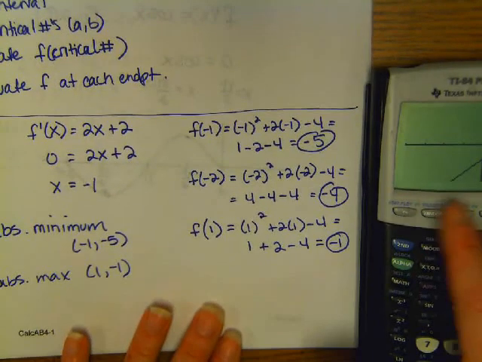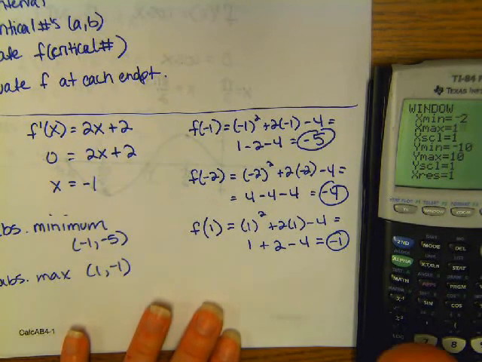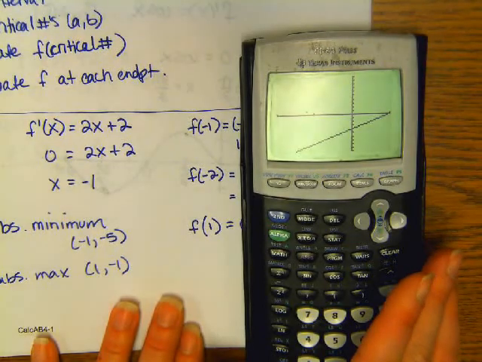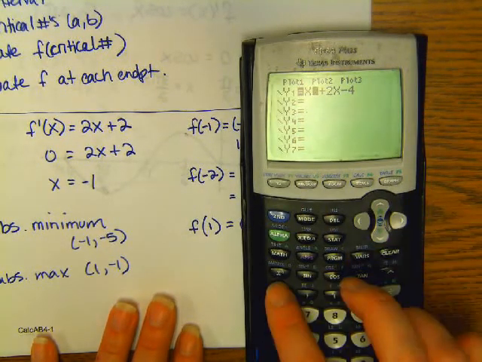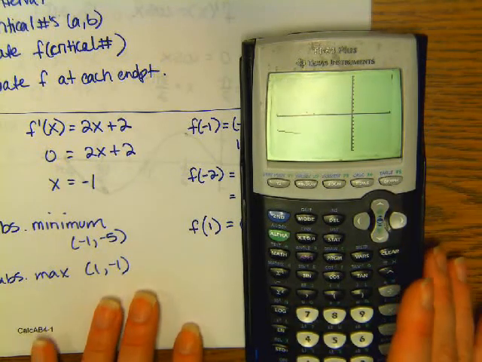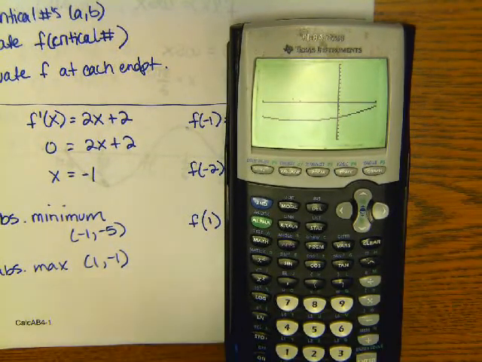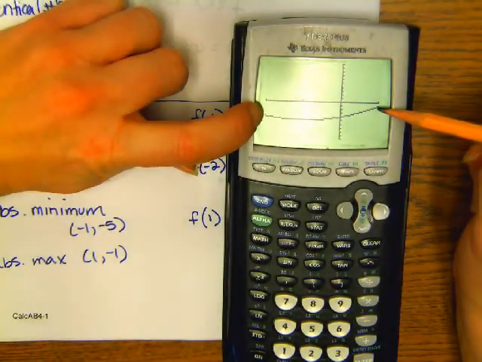Let's do the window. Let's make it negative 2 to 1, just so we can see it. Okay, I don't think I put that in right. I did not. X squared, there we go. Okay, so if I was filling this in, here we go. There's the endpoint, there's the endpoint.